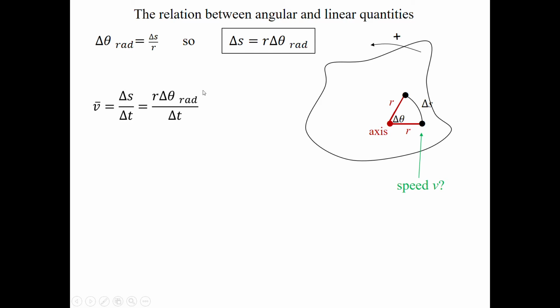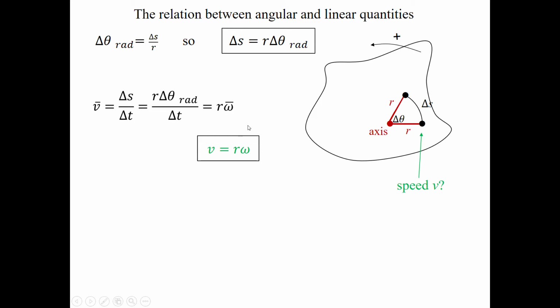And by definition delta theta over delta t is the average angular velocity, right? That's what we said in the previous video section. Delta theta over delta t is what we call the average omega. So I've just factored out the r there.